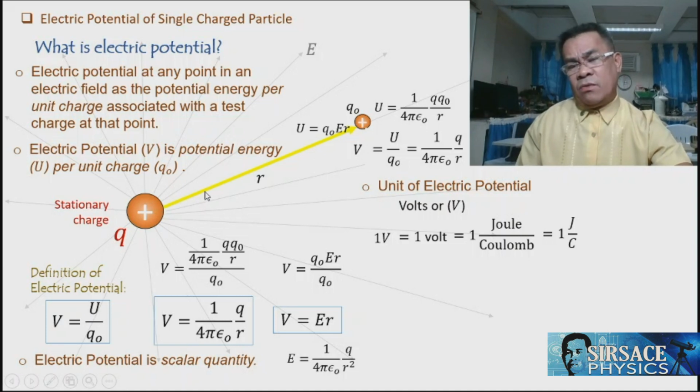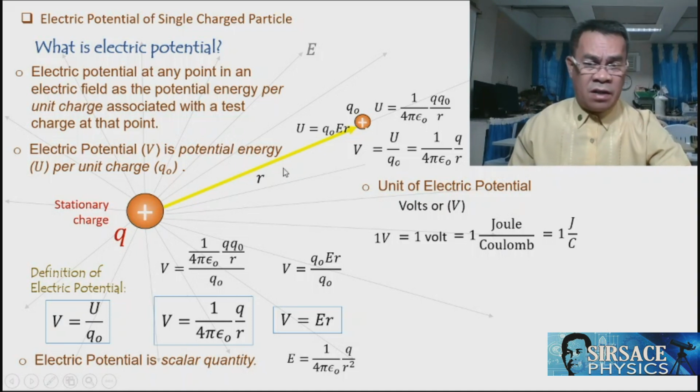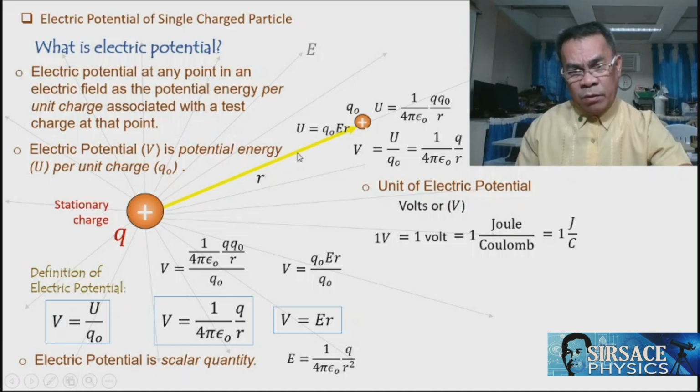Now, what do you think is the maximum potential that this charge produces? Take note that if we are moving closer to the charge, it will increase its magnitude.